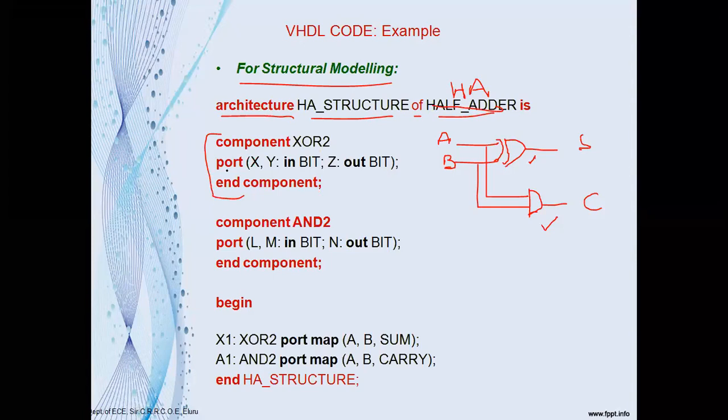And see this port, these are all similar to those of the entity. X and Y are inputs, Z is the output, right? And this component is terminated with the keywords end component.